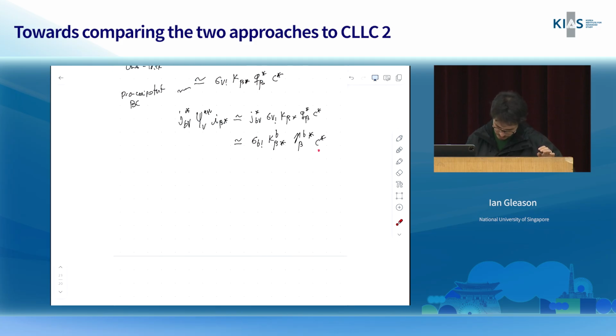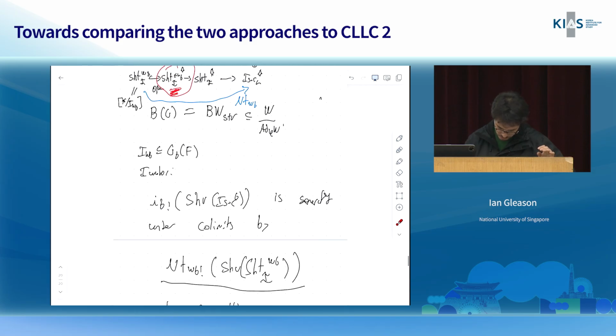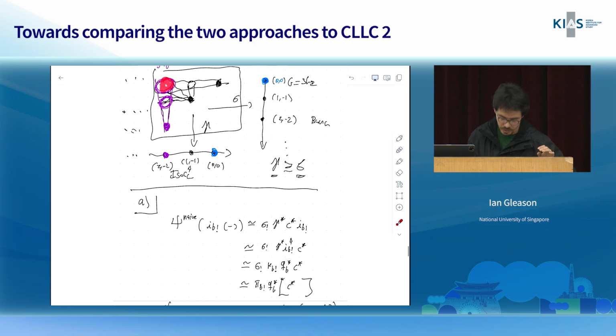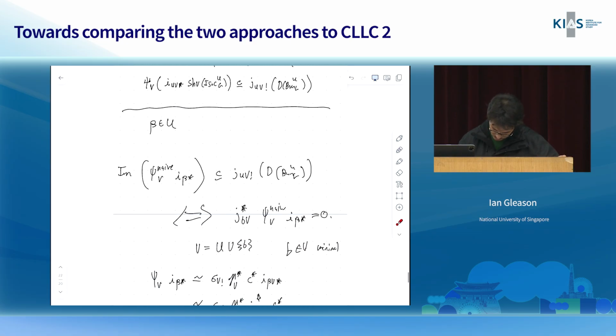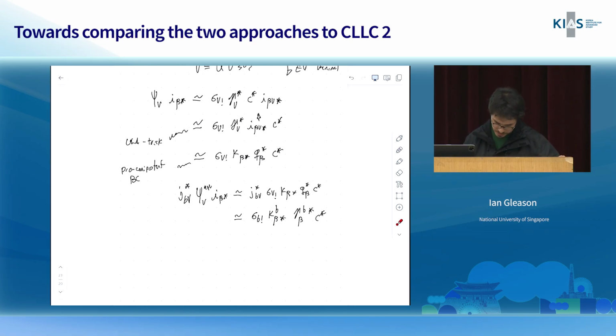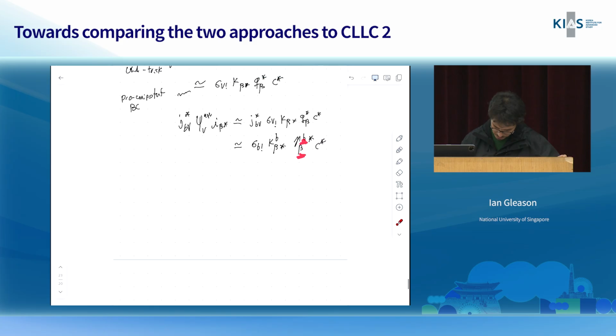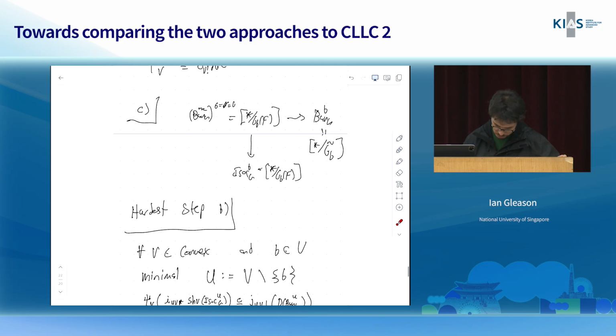So I pull it to this strata. This is this gamma beta B, this gamma that has generic Newton polygon beta and special Newton polygon B. And then I have this K B beta, and I'm pushing forward.